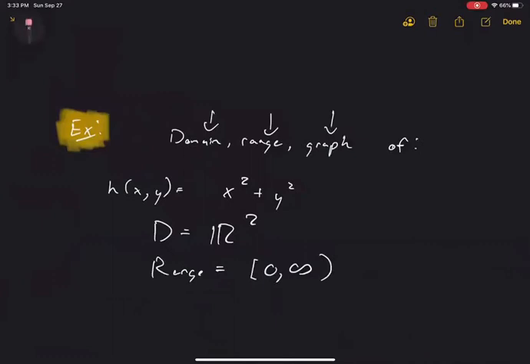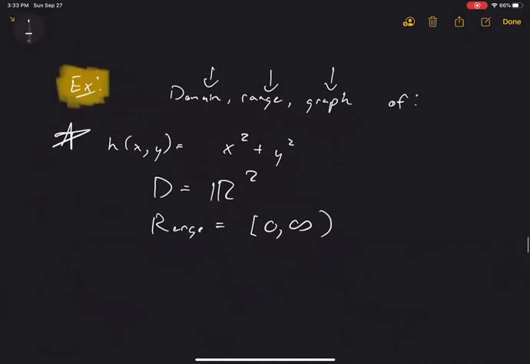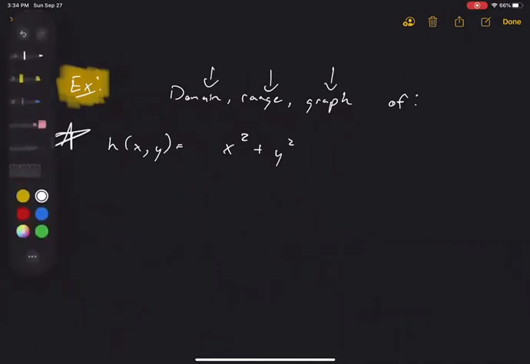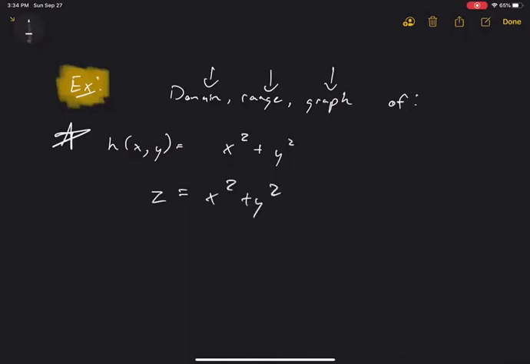I've said that you know how to graph this already. Maybe it's clear to you, maybe it's not. You have h of xy equals x squared plus y squared. If you want to use the 12.6 material, which is what you need to do, just replace h of xy with z. Same thing.